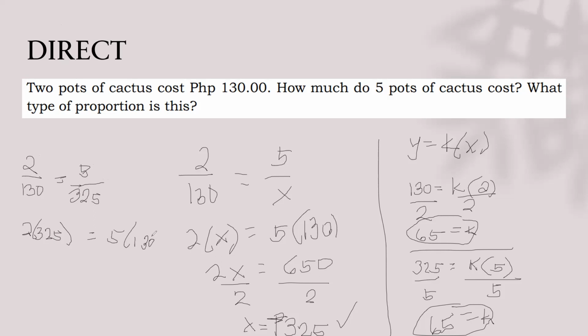Kapag ito ay nag-equal, ibig sabihin tama ang sagot mo. So 2 times 325 is 650 and is equals to 650 din. So there are 2 ways of checking whether your answer is correct: by simply cross multiplication or using the constant of proportionality.